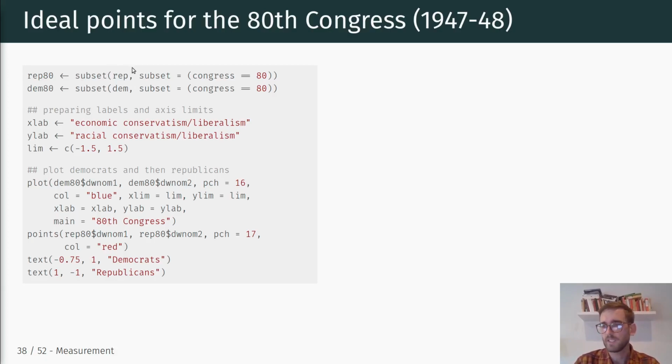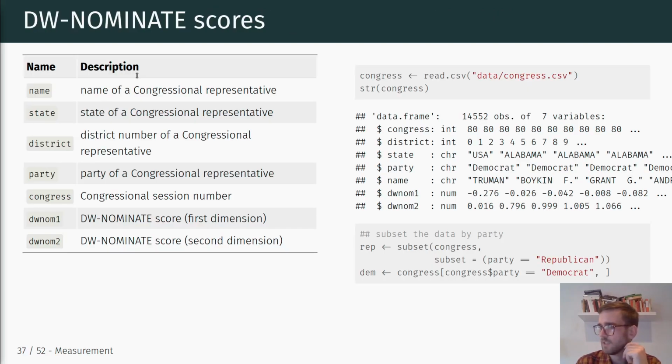We load this data set Congress first, and then we subset it by parties. So for one, we have Republican congressmen, and then we have Democratic congressmen.